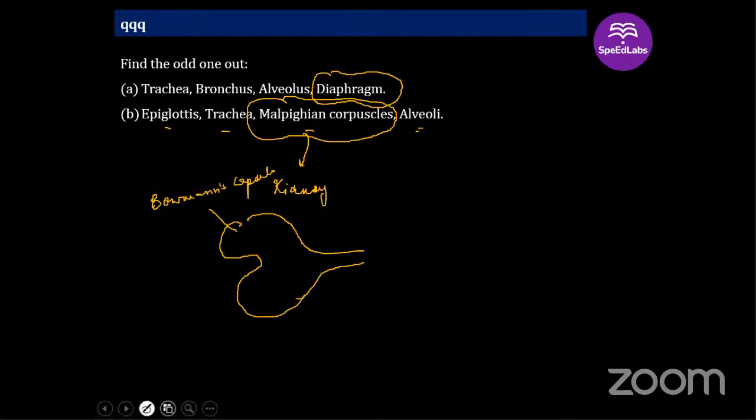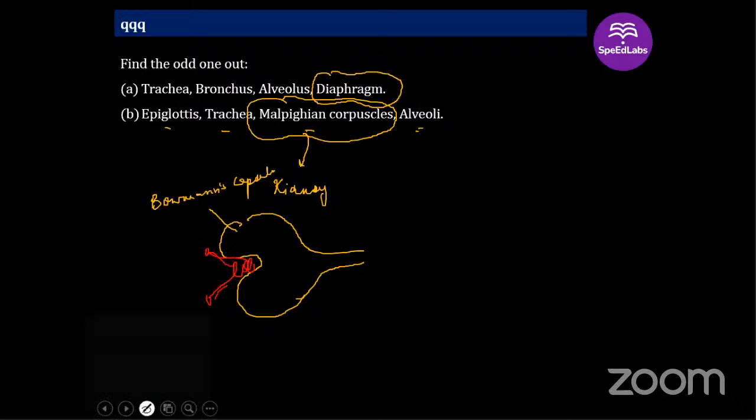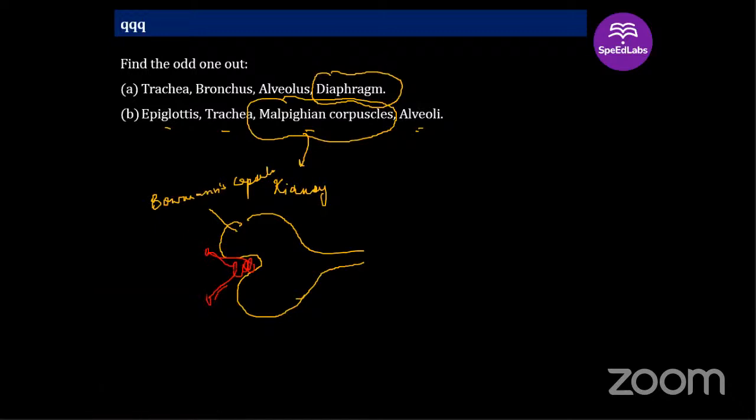And inside the Bowman's capsule, we find the tuft of capillaries. What is it called? Glomerulus. Bowman's capsule and glomerulus together are called Malpighian body or Malpighian corpuscle. That's why Malpighian corpuscle is the odd one out here. Understood, Palak?